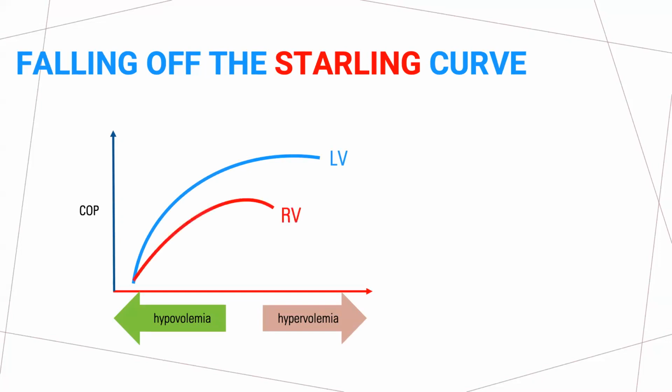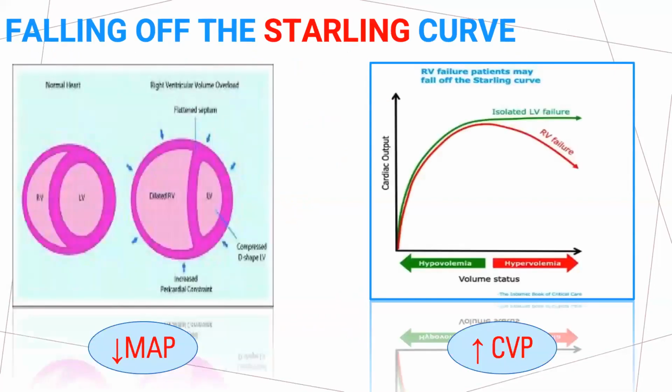However, in the RV, because it is very thin and liable to dilatation, increasing the volume beyond a certain point leads not only to a plateau of cardiac output, but also to a decrease of cardiac output.